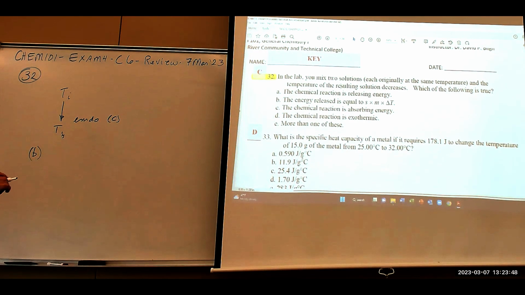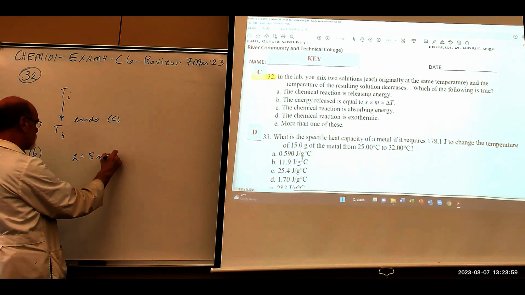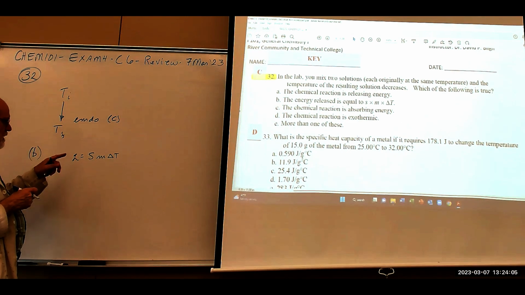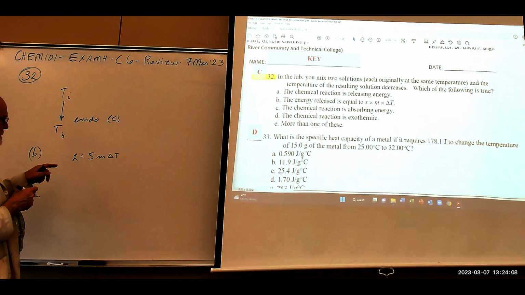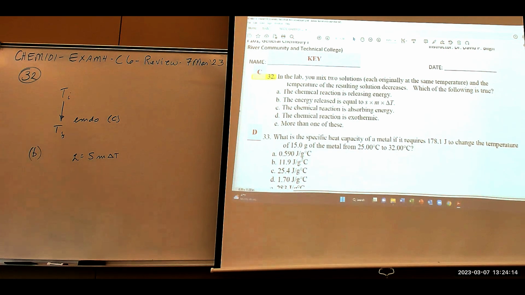The chemical reaction is exothermic. No. So the energy release is equal to S in delta T. No, actually, there are two things going on here. I wonder if that's true.